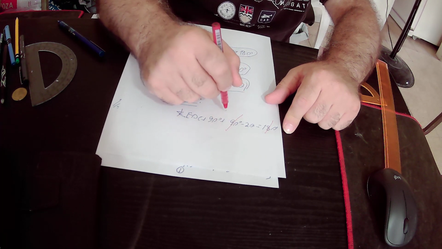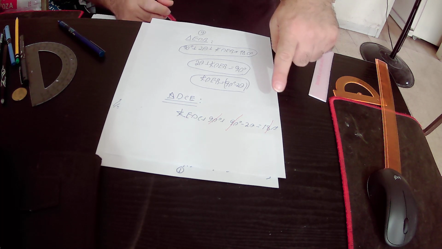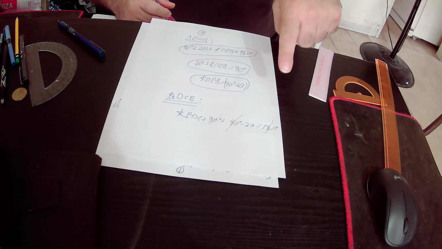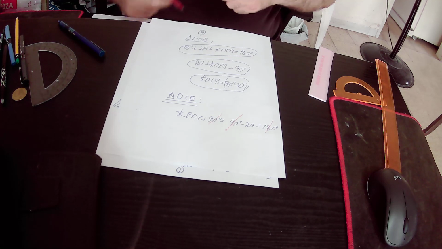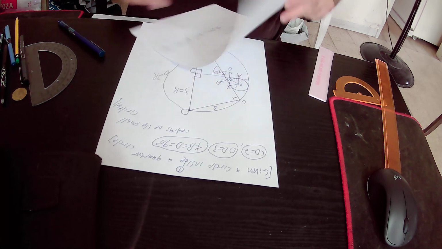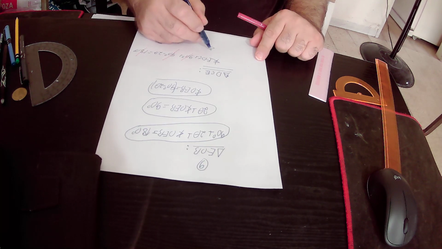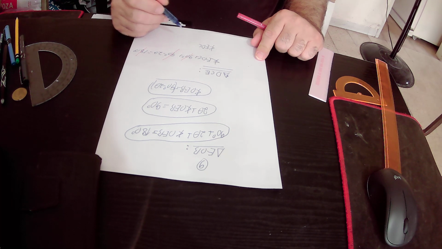Okay, so what is left after we cancel 180 degrees is angle EDC minus 2 theta equals 0.